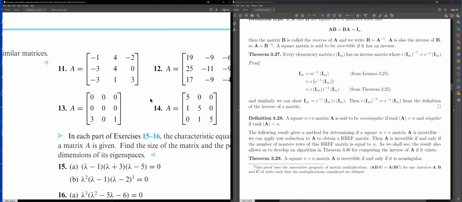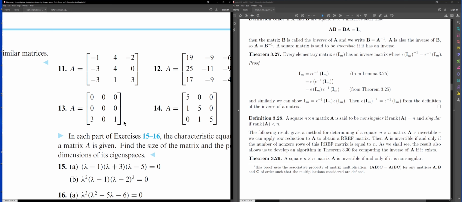To see an example of something that is singular, consider this matrix. Here I have two zero rows on top and a non-zero row on the bottom. If I apply Gauss-Jordan to this, the non-zero row would go on top, and the two zero rows would show up on the bottom, and I would in fact get 1, 0, 1 third, 0 0 0, 0 0 0.